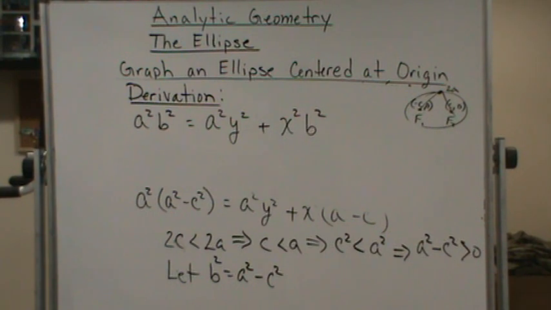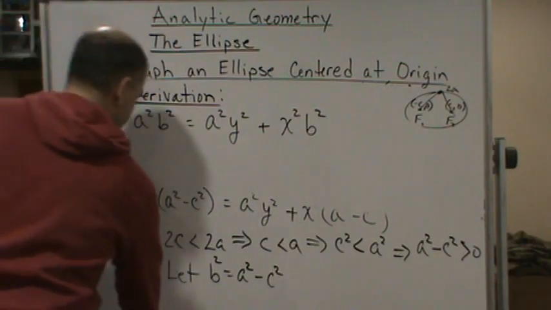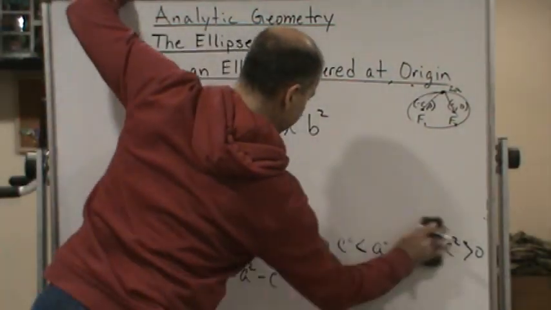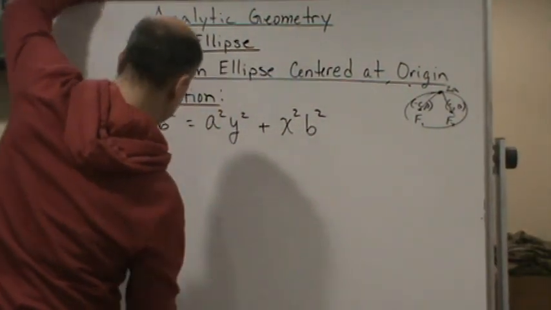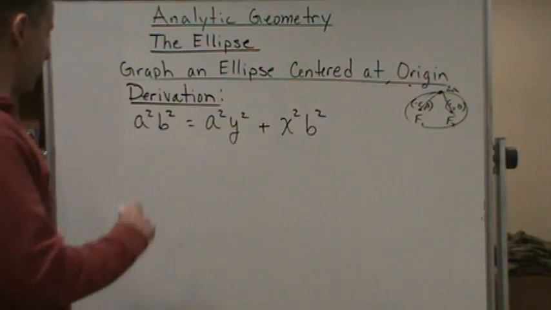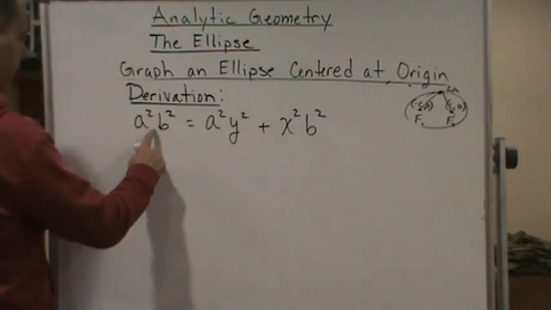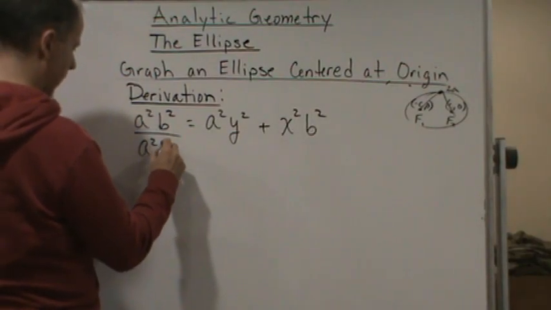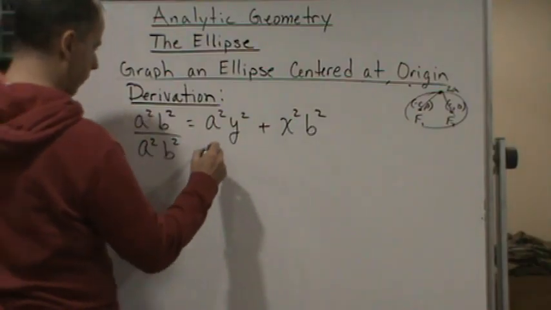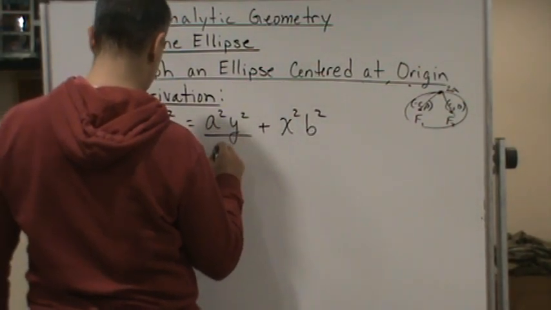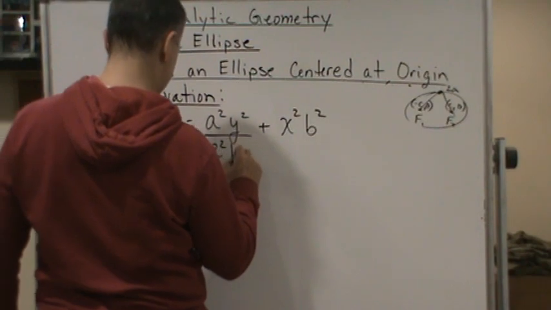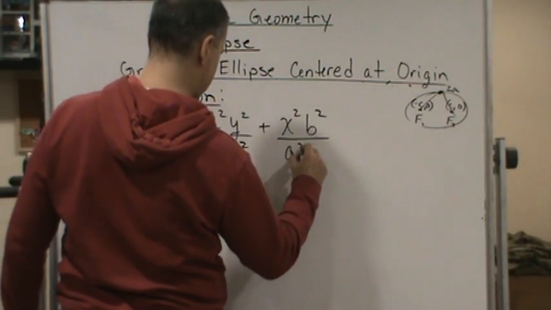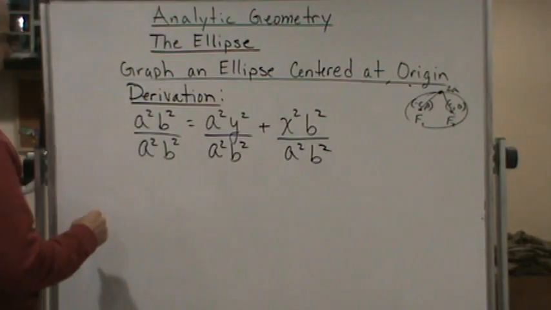All right, so now we're almost there. Now it just basically falls apart and simplifies real nicely, because all we're going to do is divide everything by this constant, a squared b squared, this real number. So now what happens?